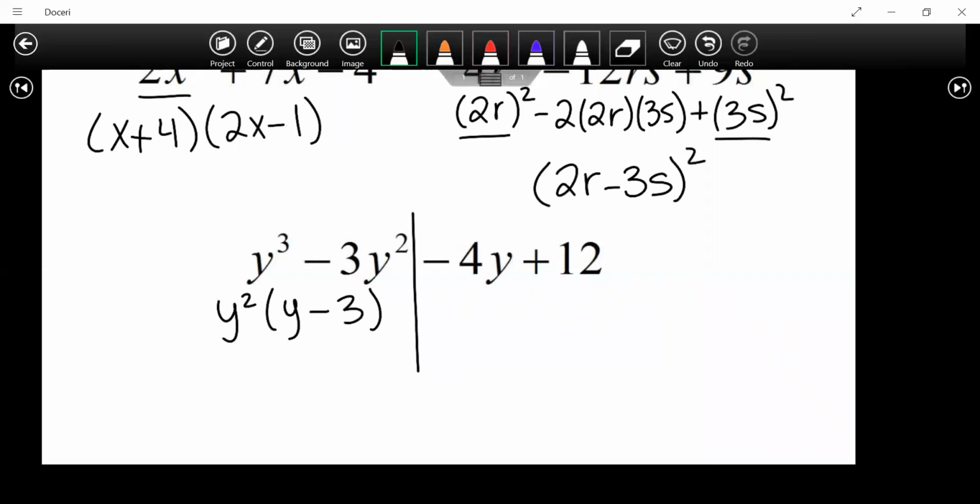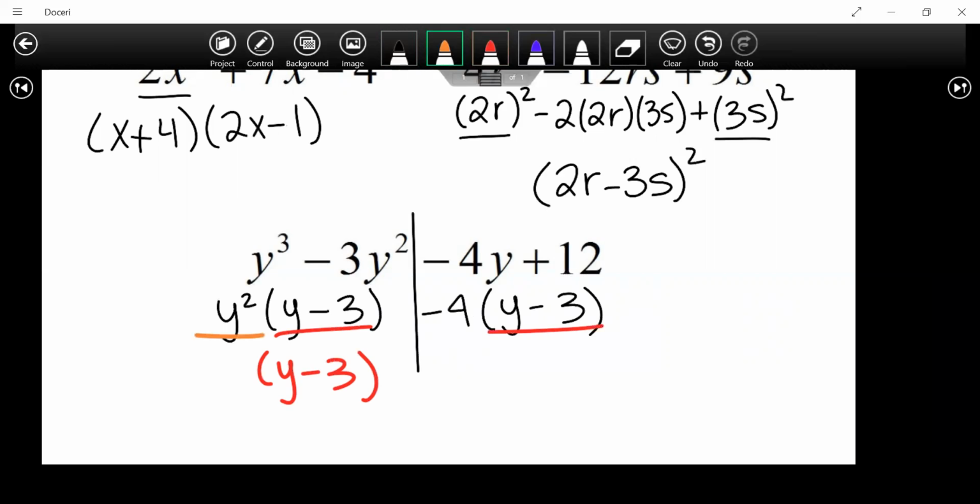And my one to the right, the GCF, is going to be -4. So y minus 3 again. I'm seeing the common factor of these. I'm going to pull that out. So that's going to be y minus 3 on one side. And then we have the other side, which is our remaining term, y squared minus 4.